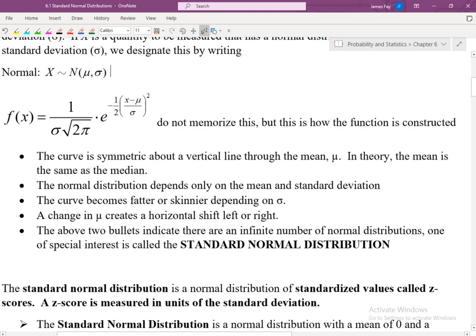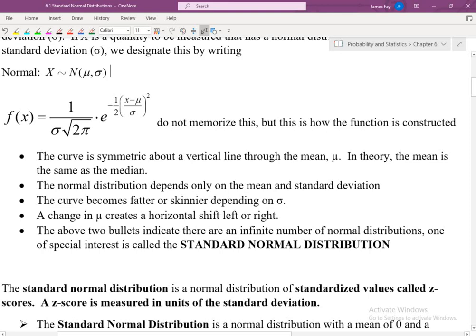It says the normal distribution depends only on the mean and the standard deviation. If we decipher this formula, obviously 1 is a real number, 2 is a real number, pi is a real number, e is a real number. If you remember working with Avogadro's number in chemistry or something like that, you used e. The natural number is what we refer to it as, or Napier's constant.